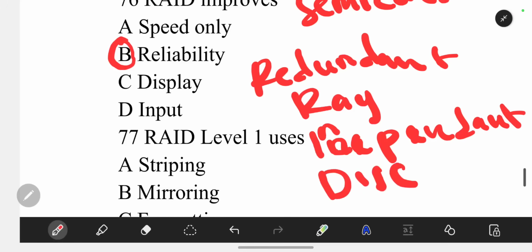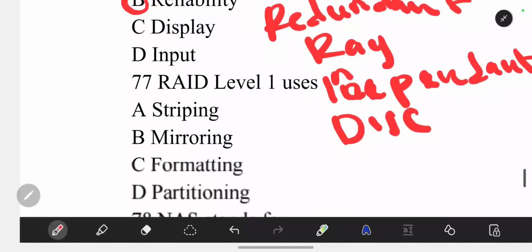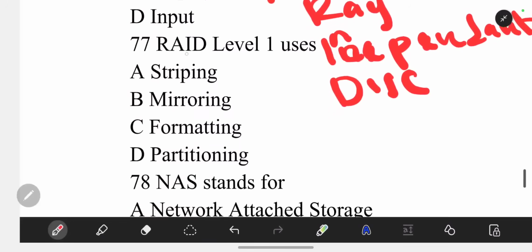So this promotes reliability. So I'll tackle the questions together when I explain.